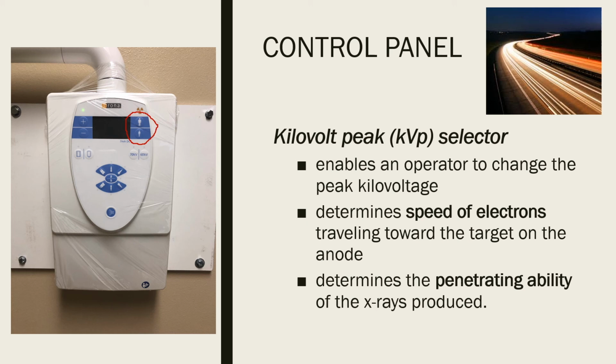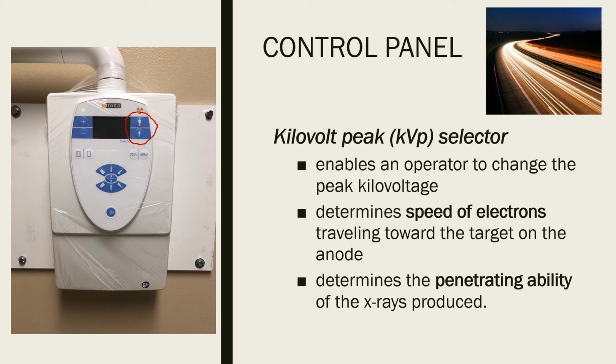If your kVp is below 40, it will not give an adequate amount of voltage needed to penetrate the object. If it is between 40 to 60, it can produce a lot of unneeded radiation.